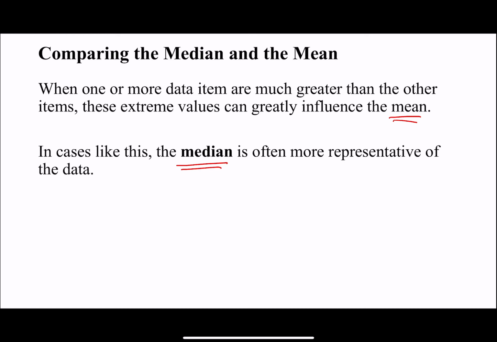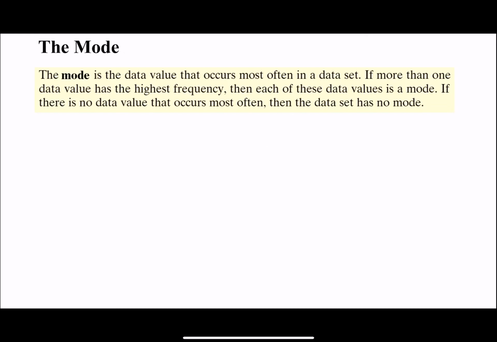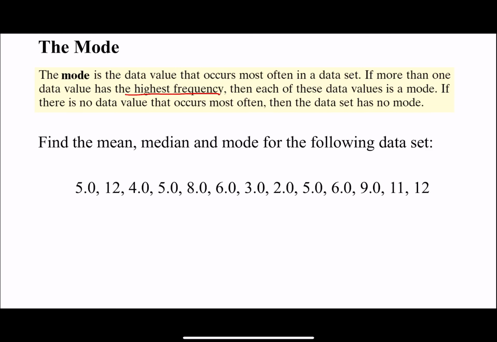So here we go. We have another measure of central tendency, which is the mode. Well, the mode is talking about the data item that has the highest frequency. It's happening more often than the other data items, so it has the highest frequency. We call that the mode. Okay. For example, here, what is the mode? So see what data item has the highest frequency.